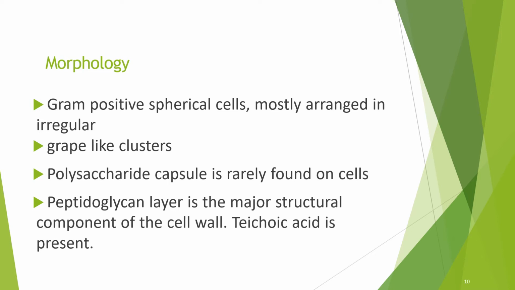Young cultures, not all staphylococci but some, contain a polysaccharide capsule. Then it has a peptidoglycan layer, which is the major structural component of the cell wall, and teichoic acid is also present. These are very important. It is gram positive, and gram positive bacteria contain a major amount of peptidoglycan.